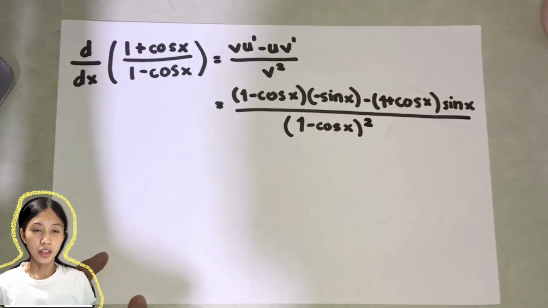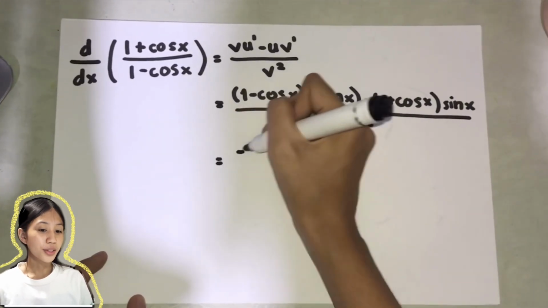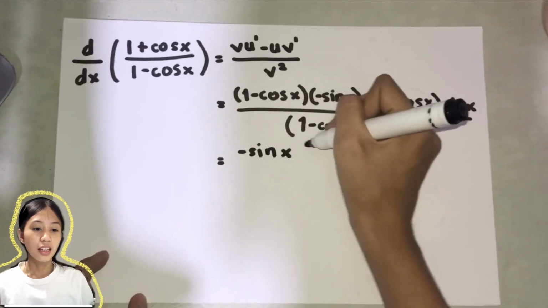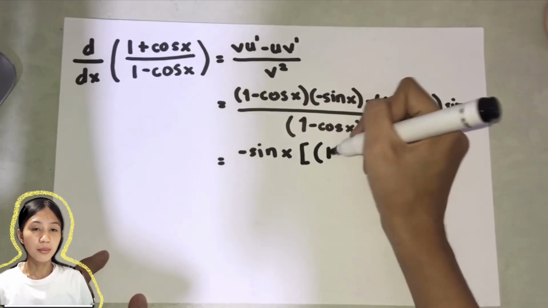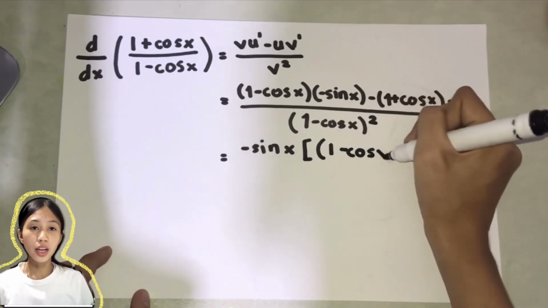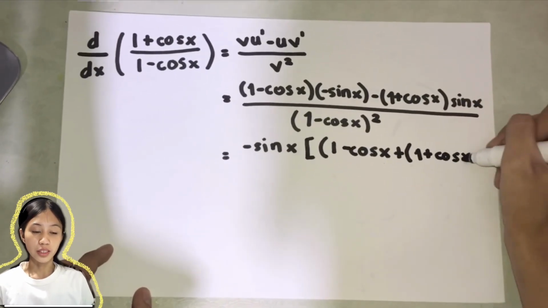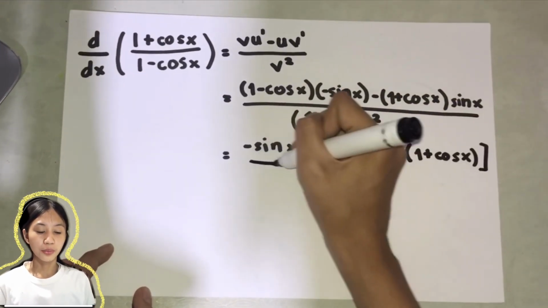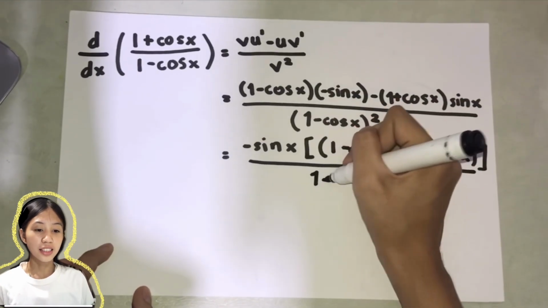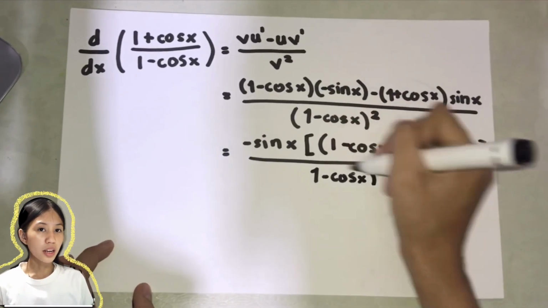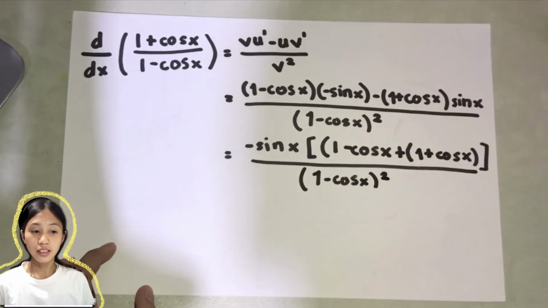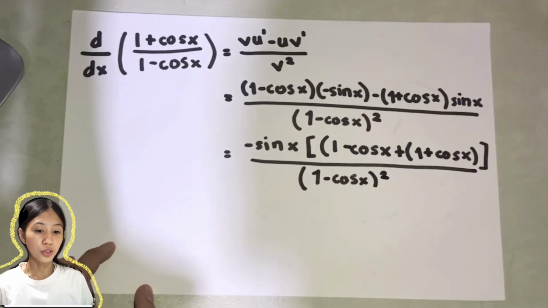At this point, I will not distribute. Instead, I will factor out negative sine x. So, the numerator becomes negative sine x times the quantity 1 minus cosine x plus 1 plus cosine x. Now, simplifying inside the parentheses, 1 minus cosine x plus 1 plus cosine x equals 2.